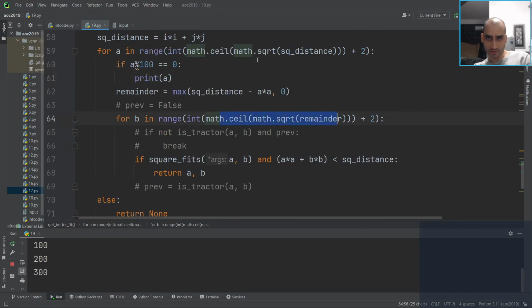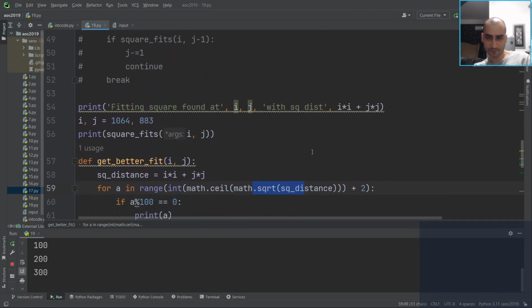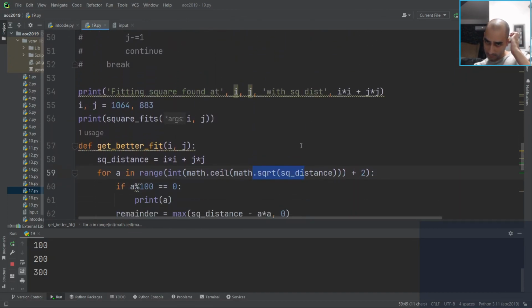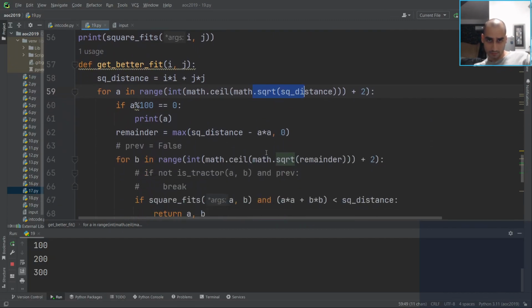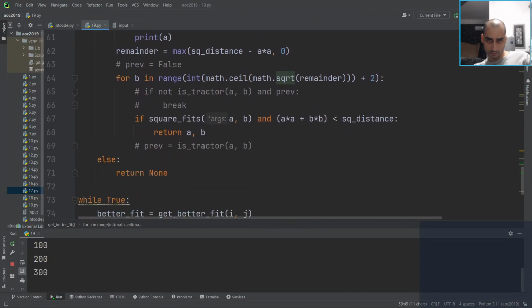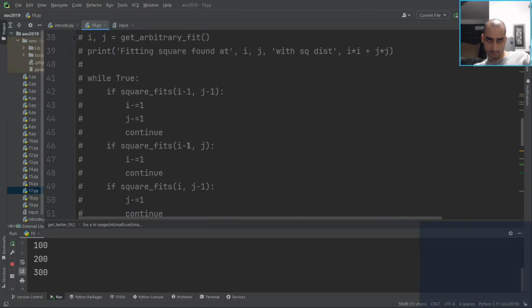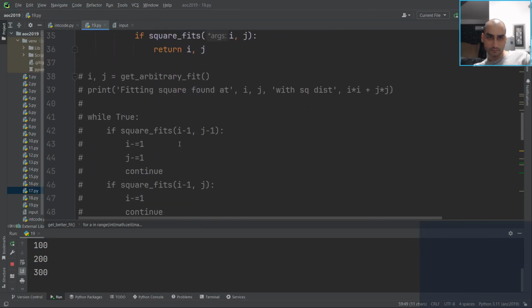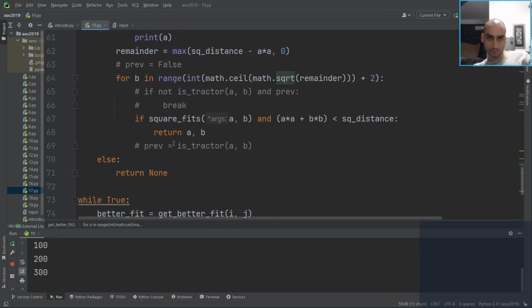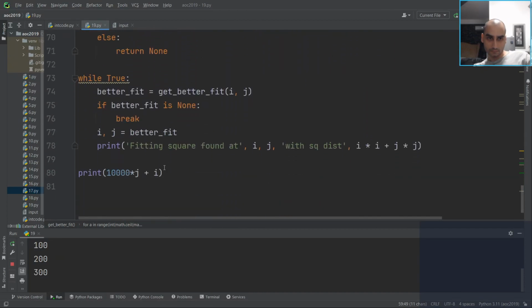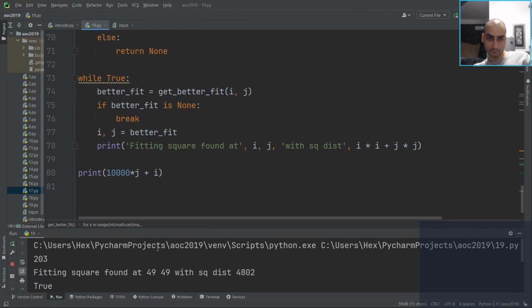So there could be something wrong with this formula, or... Fitting square found... Wait, what?